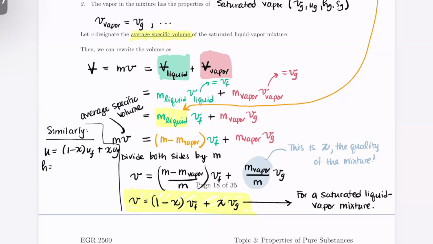And H is equal to 1 minus X HF plus X times HG. And S is equal to 1 minus X SF plus X SG. These equations you might see written in slightly different ways, depending on what reference you're looking at, but it's just an algebraic manipulation of the same equation, okay?